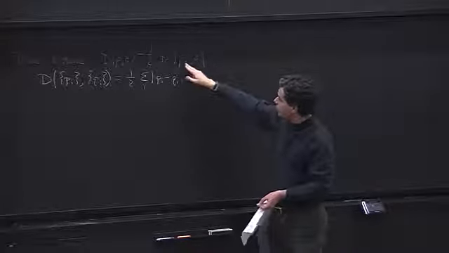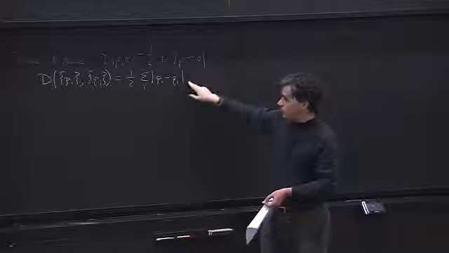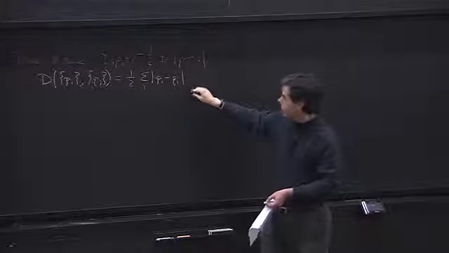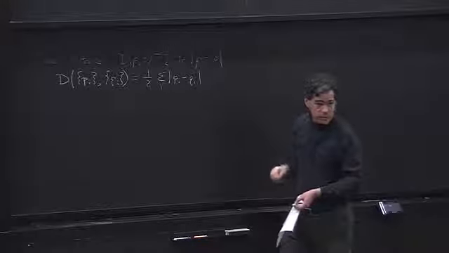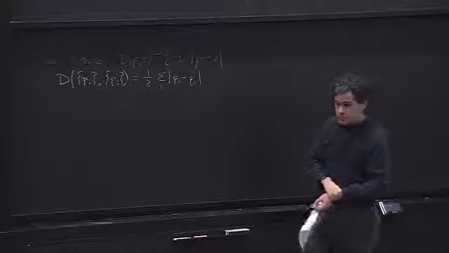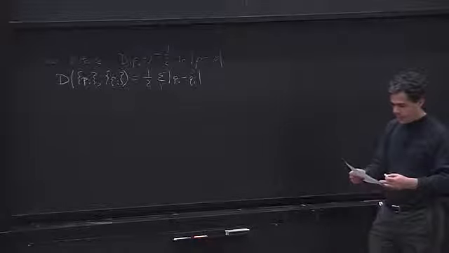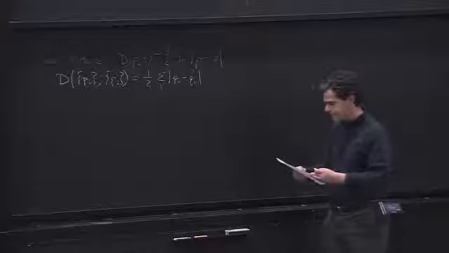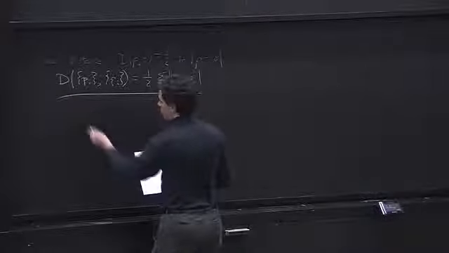And in particular, in the case where rho and sigma are simultaneously diagonalizable, you immediately see that this thing reduces to this thing, right? Because then the p_i are the eigenvalues of rho and the q_i are the eigenvalues of sigma. Okay, so this trace distance also has an operational interpretation.